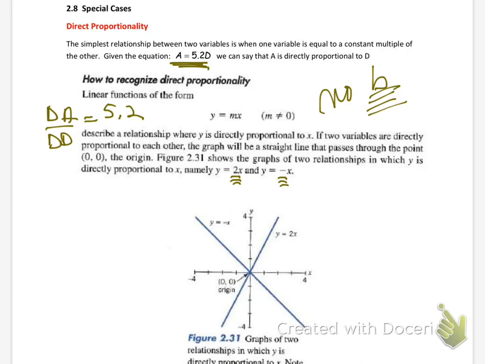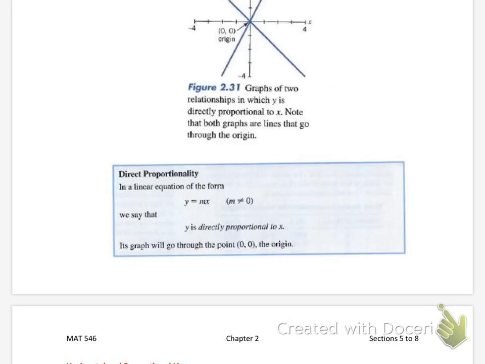So your slope is not going to be 0, but your y-intercept is going to be 0. Okay, and here's that explanation right here. Slope is not 0. The y is directly proportional, so therefore the b is 0 because it goes through the origin.